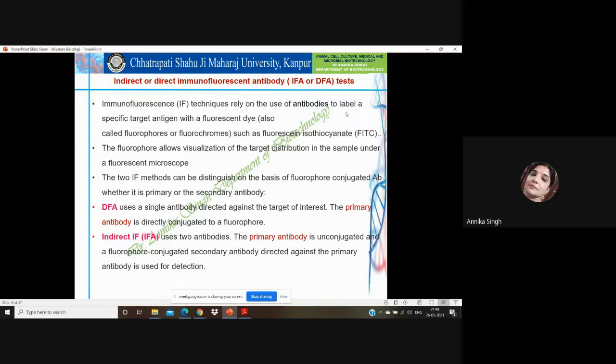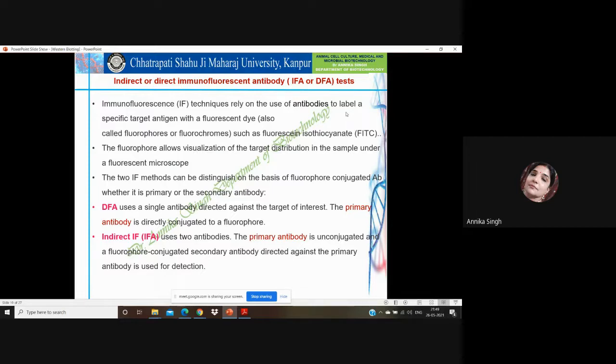This labeled antibody binds with the target antigen which is present in a serum sample, and the fluorophore allows visualization of the target distribution in the sample under a fluorescent microscope. It could be an epifluorescence microscope or a confocal microscope.